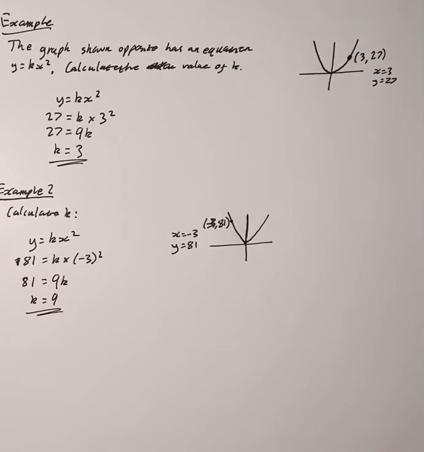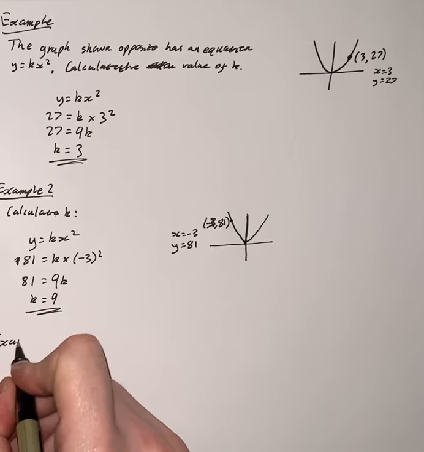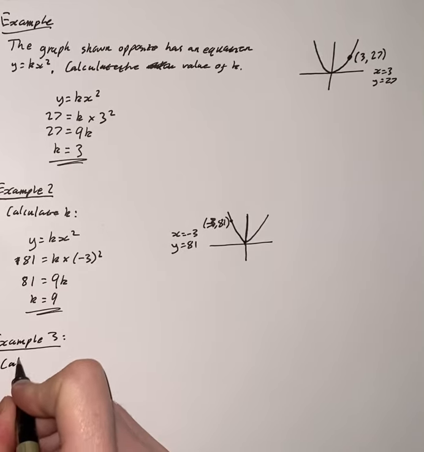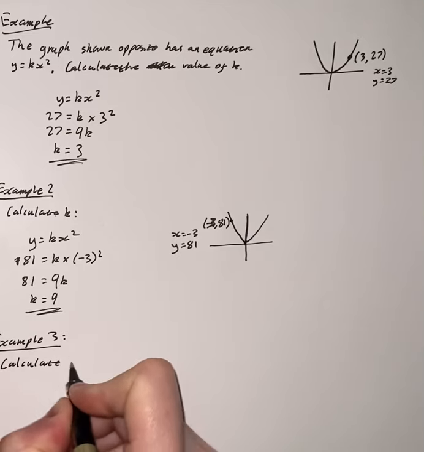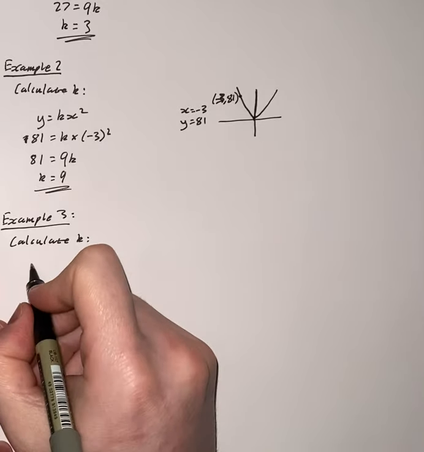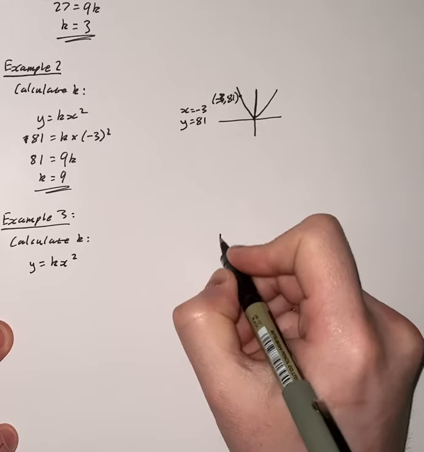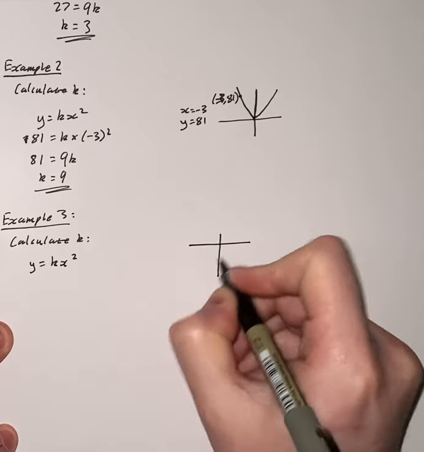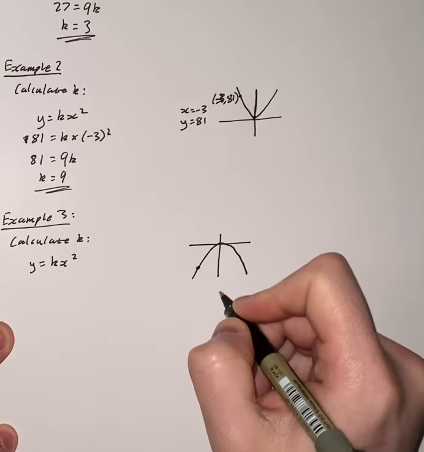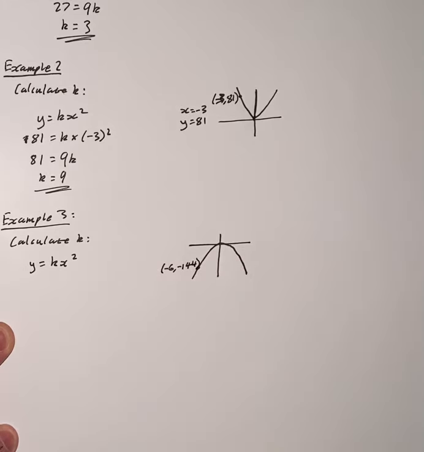Okay, one more I'm going to show you. So example 3, I'm not going to worry too much about writing out the question properly, we'll just go for another calculate k. And this time we're going to have the point -6, -144.